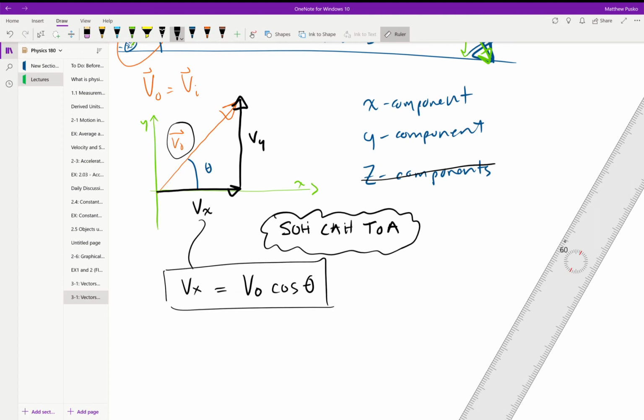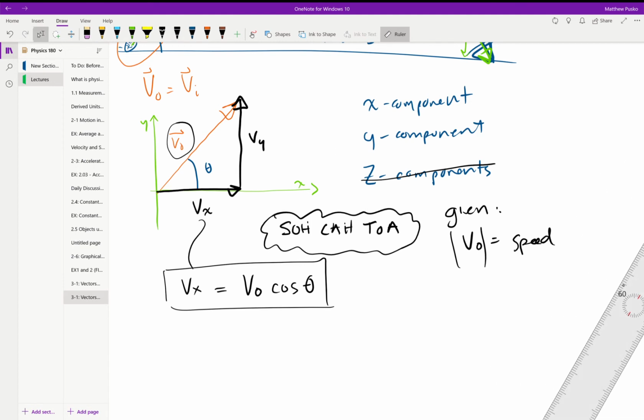So we're given V naught, the magnitude, and that's the speed, and we're given the angle from the x-axis. It might not be from the x-axis, so you have to make sense of that and make sure you're still getting the x component and the y component.